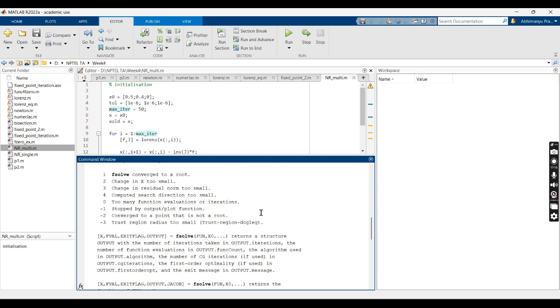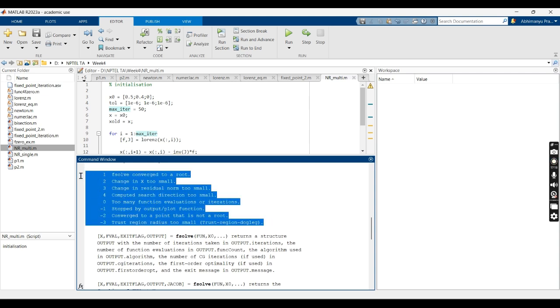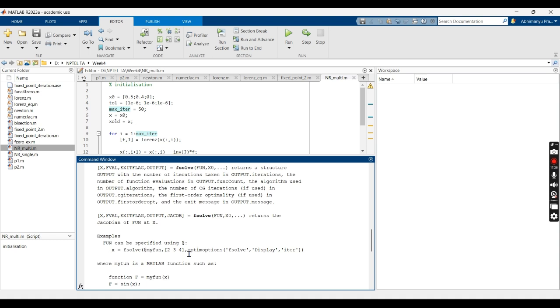Similar to the other case, we can see different conditions for different exit flags, right? We can also check the number of iterations it took, and the Jacobian at this solved x value.